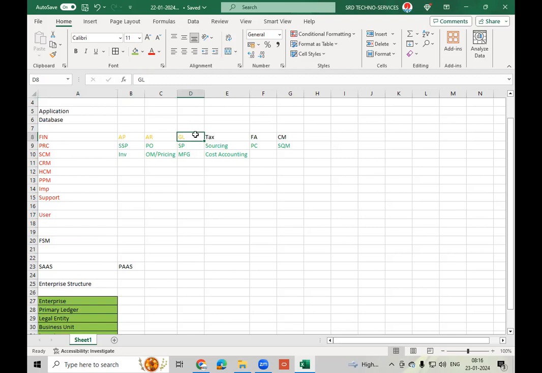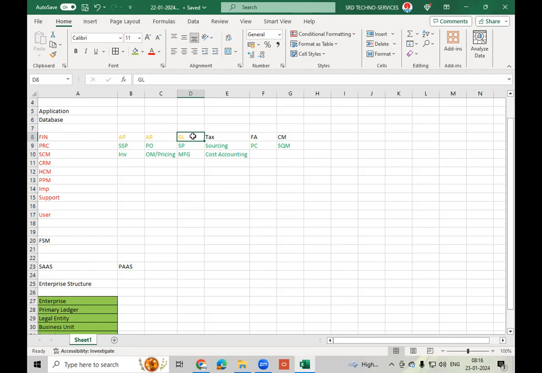Sorry, the data will be sent to the general ledger module. So what is the source application here? Cost accounting, receipt accounting. Transferring to which application? General ledger. That is the reason we call it the main ledger module. Cost accounting is the subledger module, the source application.